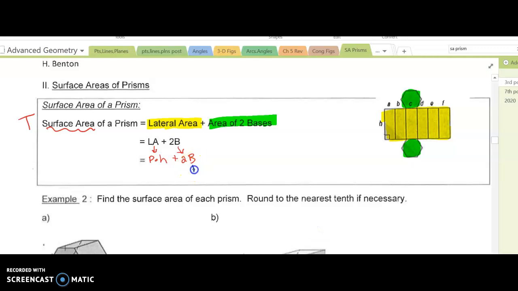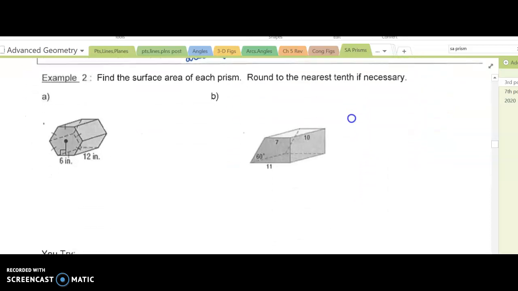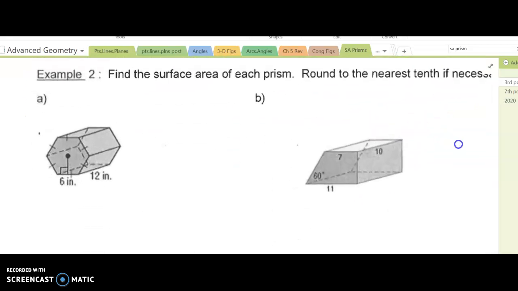So keep in mind this is area of the base, and it's going to change every time depending on what kind of shape we have. So here we go in example 2. Find the surface area of each prism.